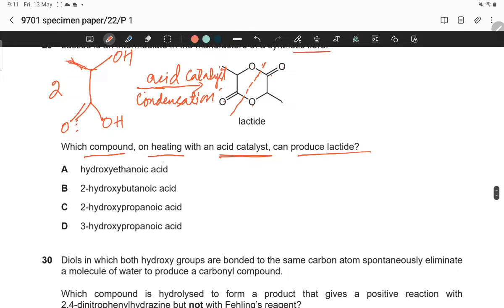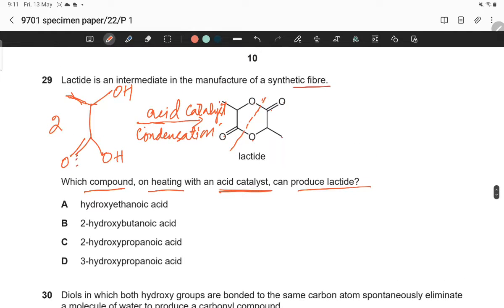So which compounds on heating with an acid catalyst can produce lactide?